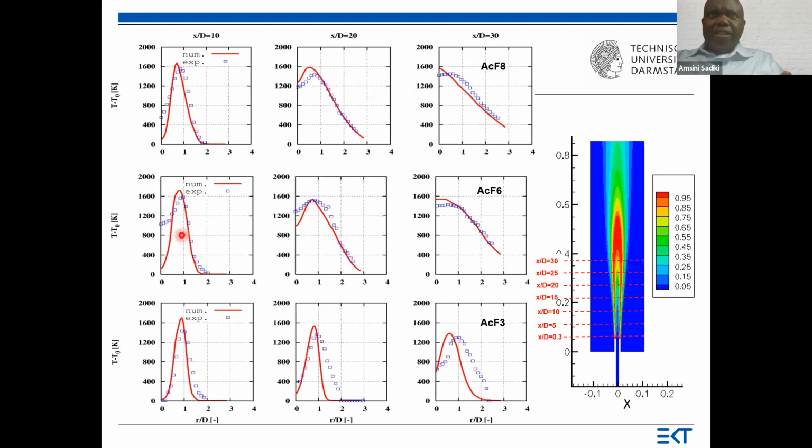And this shows us that there is a problem, and this problem may be due to the fact that we neglect the heat transfer, and our table was an adiabatic table. It is the reason we have to extend the table to a non-adiabatic table.